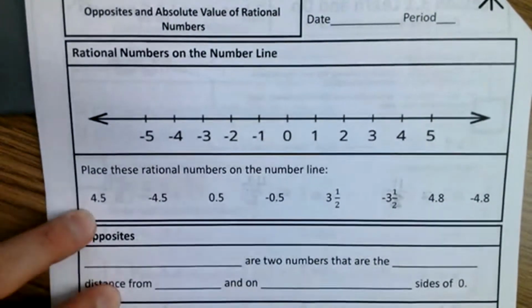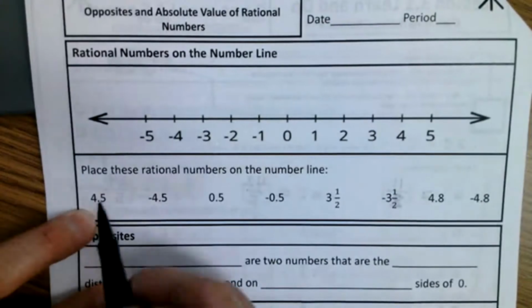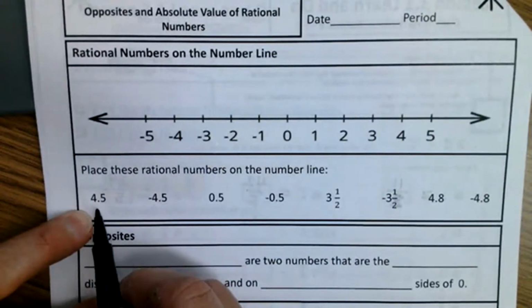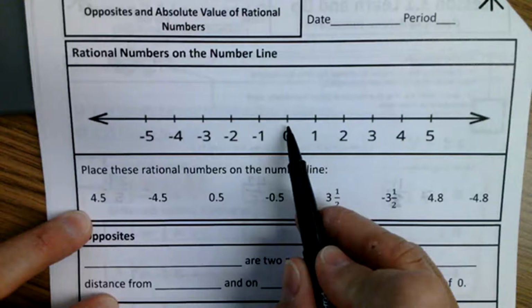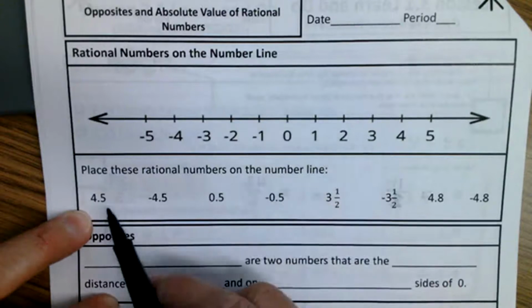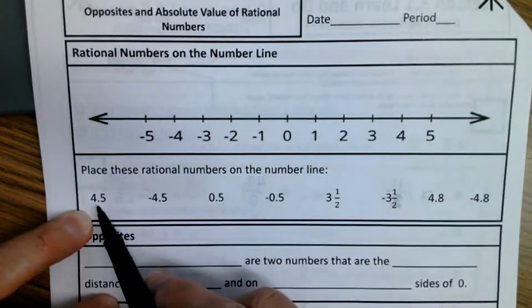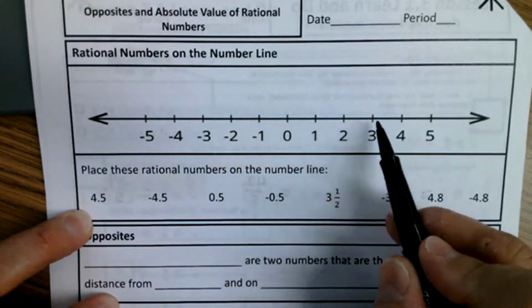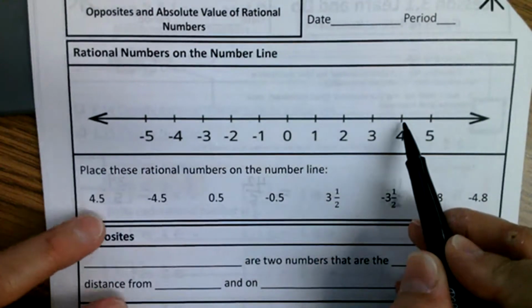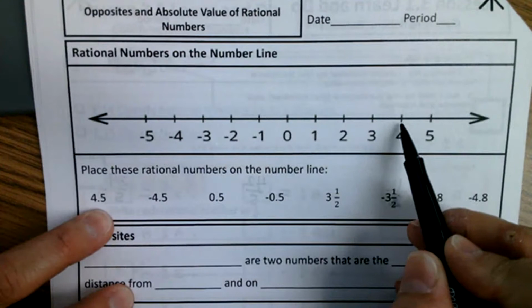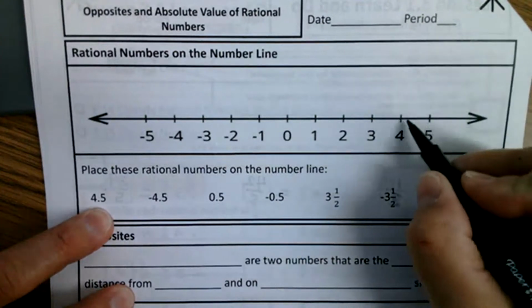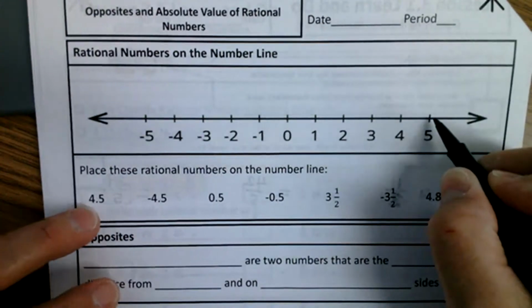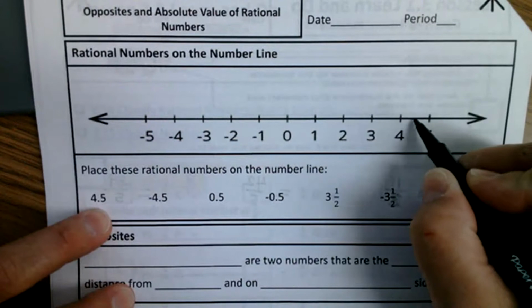Let's place all of these numbers on the number line, okay? We're going to start with 4.5. I'm going to start with 0, and I'm going to go to the right because this is a positive number. I'm going to go 1, 2, 3, 4. But then this 0.5 means I go halfway between 4 and 5, because that says 4.5.